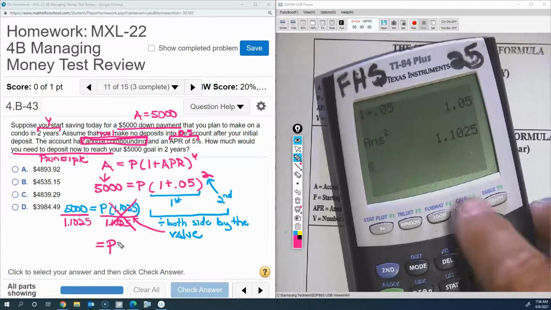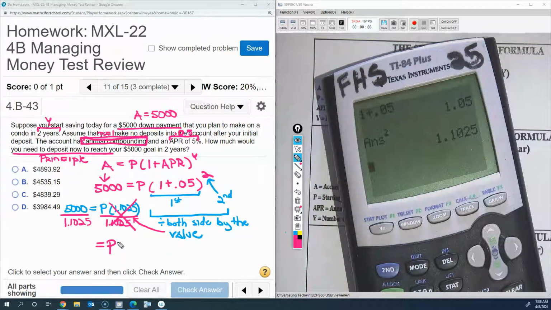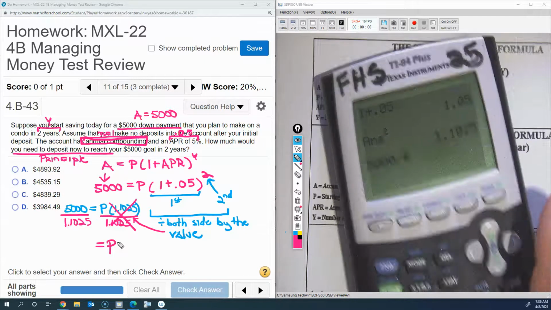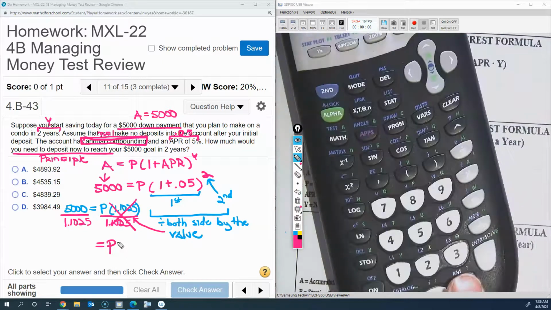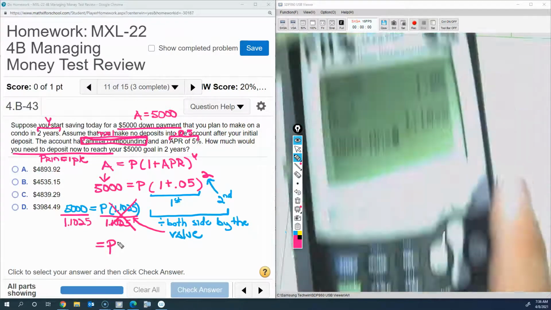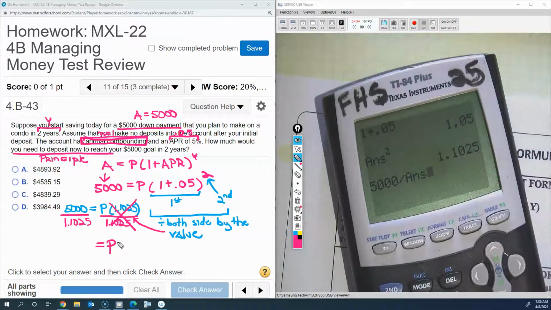Especially if this is a really long decimal, you just leave it there. So I'm going to go 5,000 divided by, and then I go second answer, and it takes that decimal, puts it under 5,000, and that's what I have to start with to get my goal.